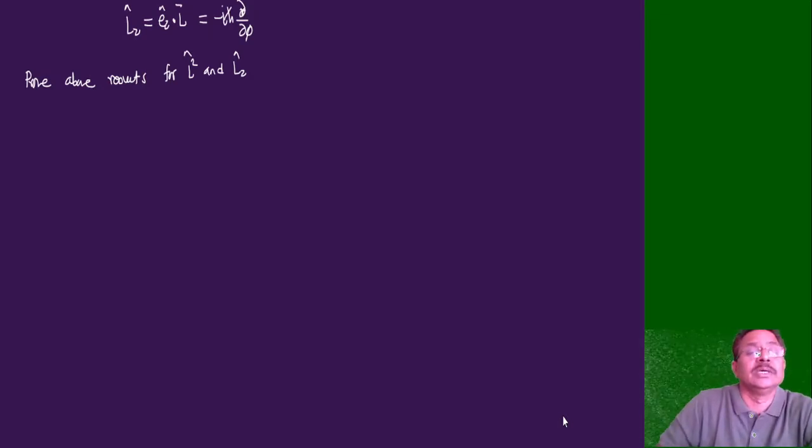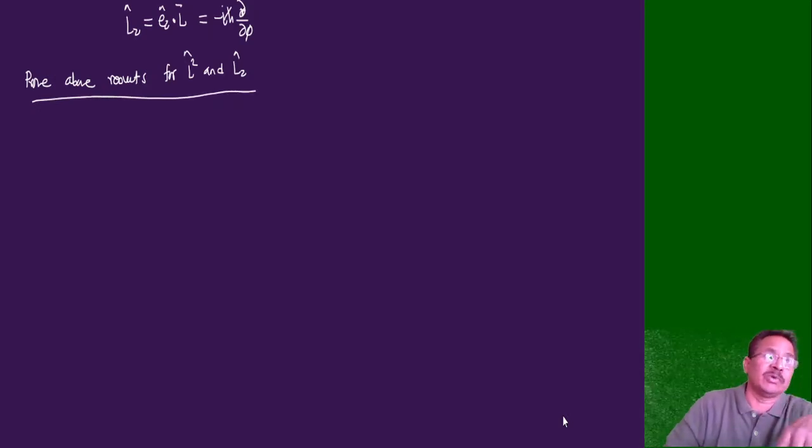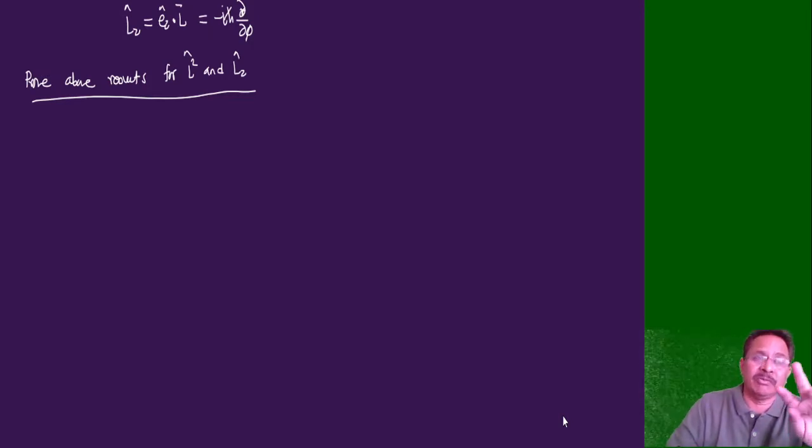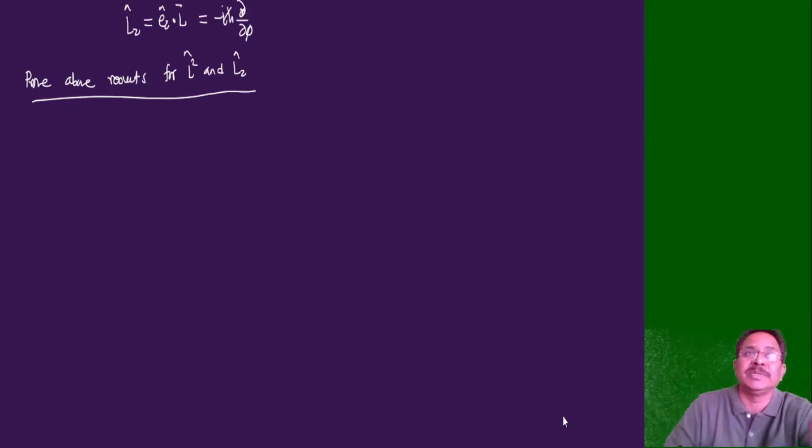Let's operate these operators on our spherical harmonics. When these operators are operated on the spherical harmonics Y_lm, what we are supposed to get is the orbital angular quantum number and the spin angular quantum number. So this l and m, whatever we have defined earlier, are nothing but the orbital angular quantum number and the spin angular quantum number, and this is their physical significance.